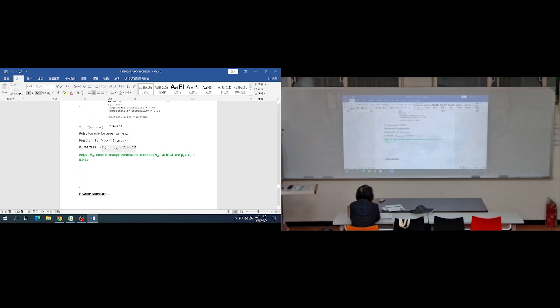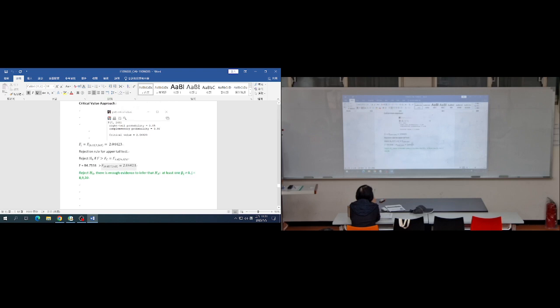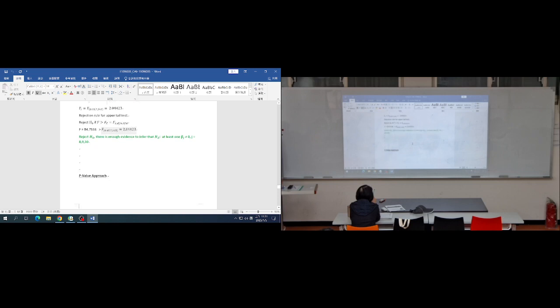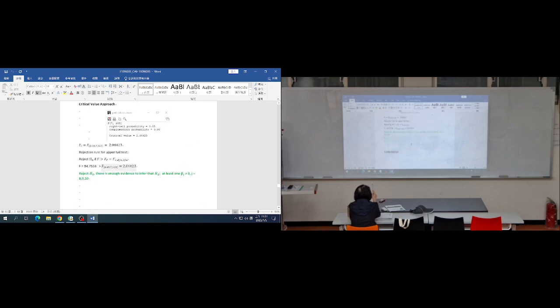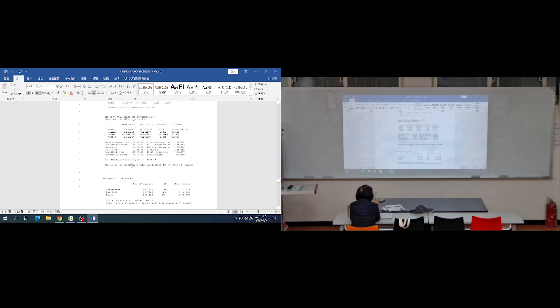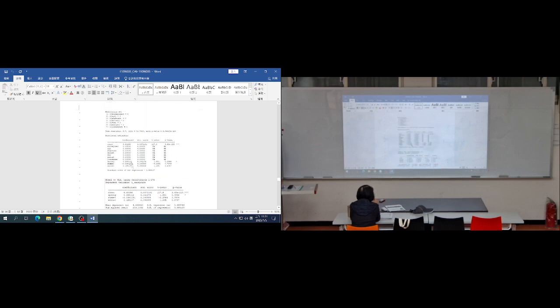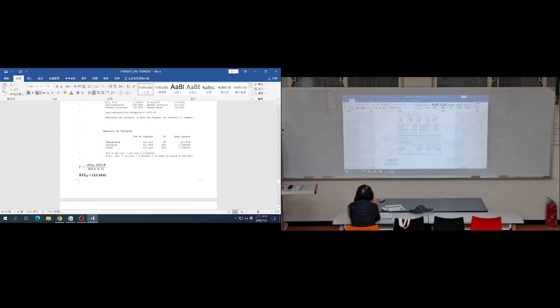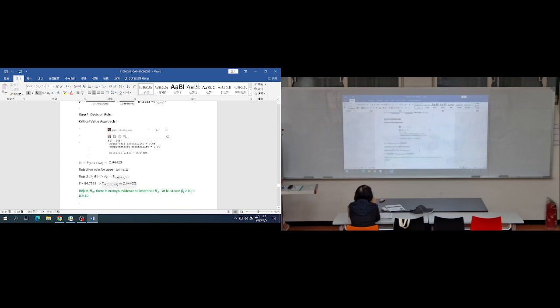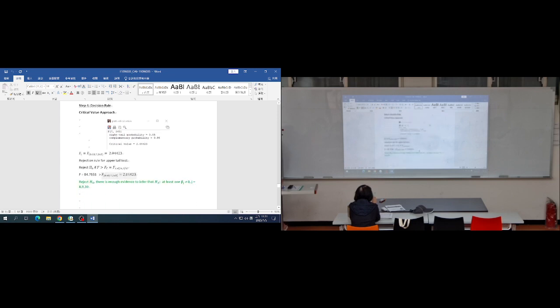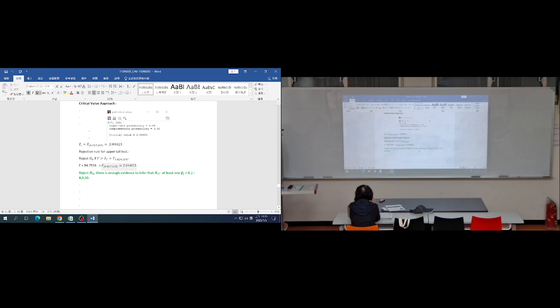I thought this answer is really different from what we had before. Let me see the upper one. I think the F statistic we have is 1.01, 1.09, right? It's not 84 something.